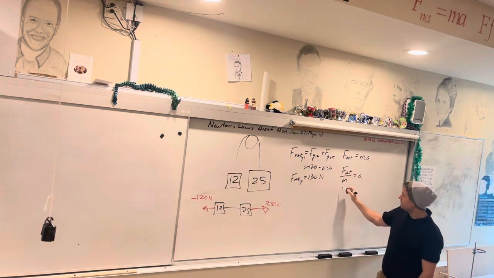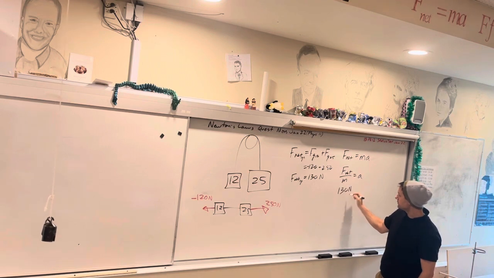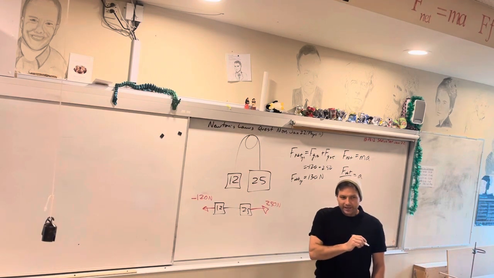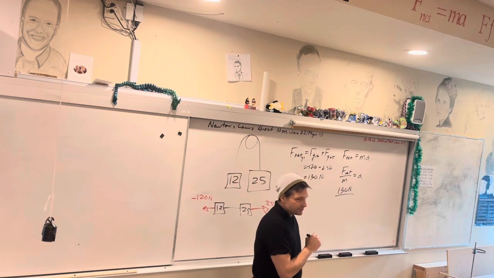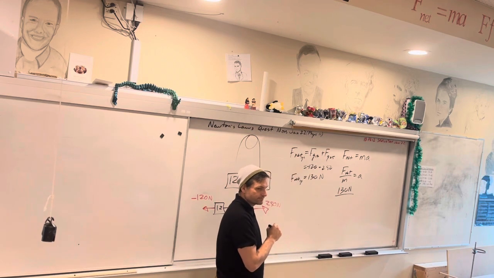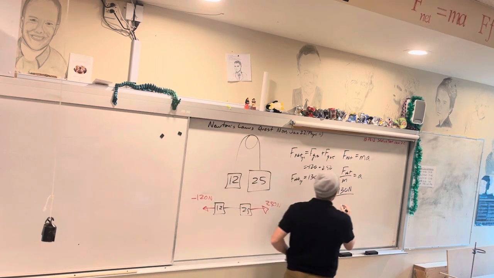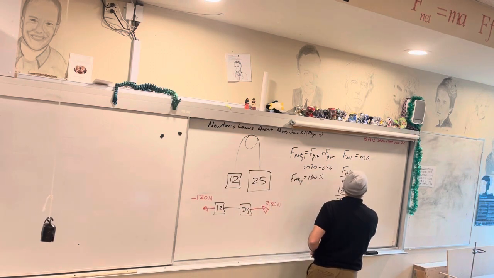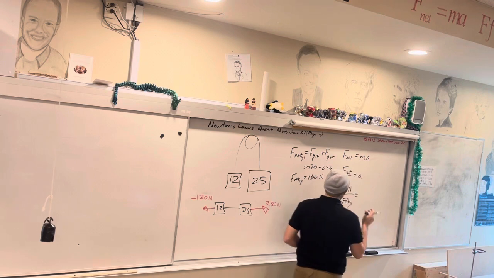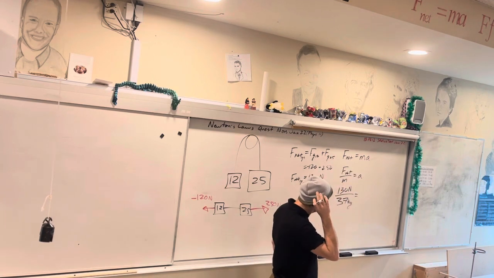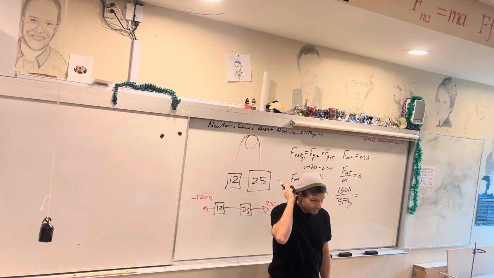And so I'm going to take that 130 newtons. And Ivan, which mass am I going to use? Yeah, we're going to use the total mass, right? You can add them together. This is going to be 37 kilograms. So that's like 3.8 or something like that. 3.5?